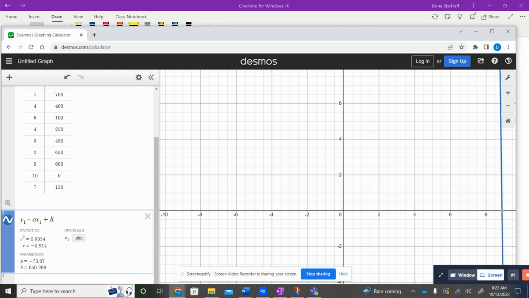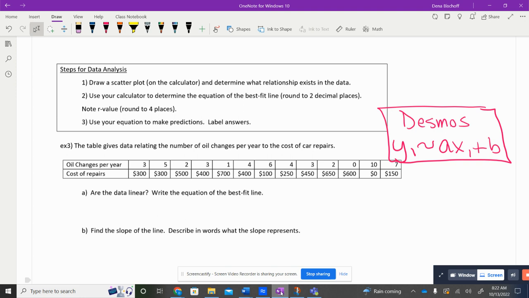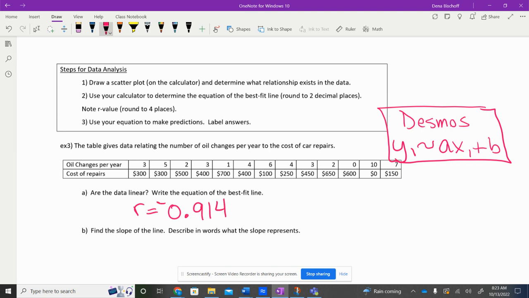So I'm going to go back to my notes and write that R equals negative 0.914, which means that this is going to be linear, right? Yes, it's linear because it has a strong negative correlation.